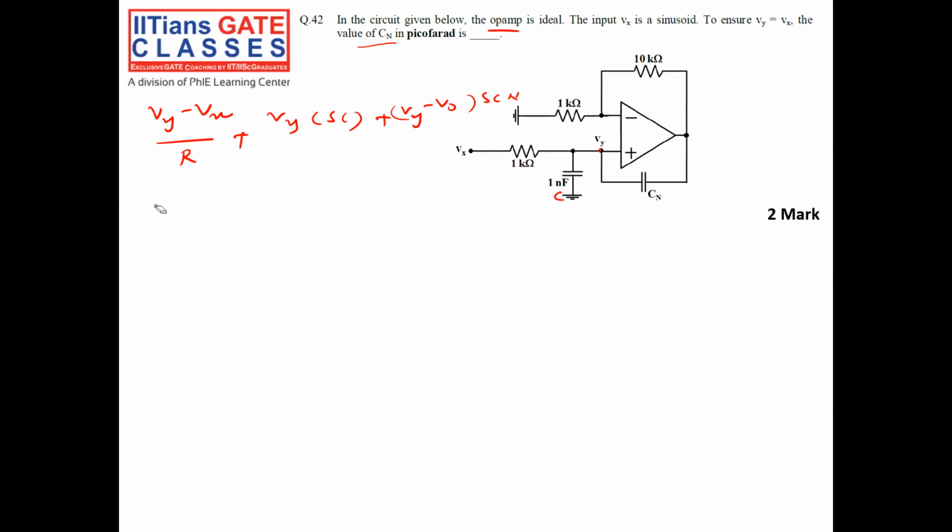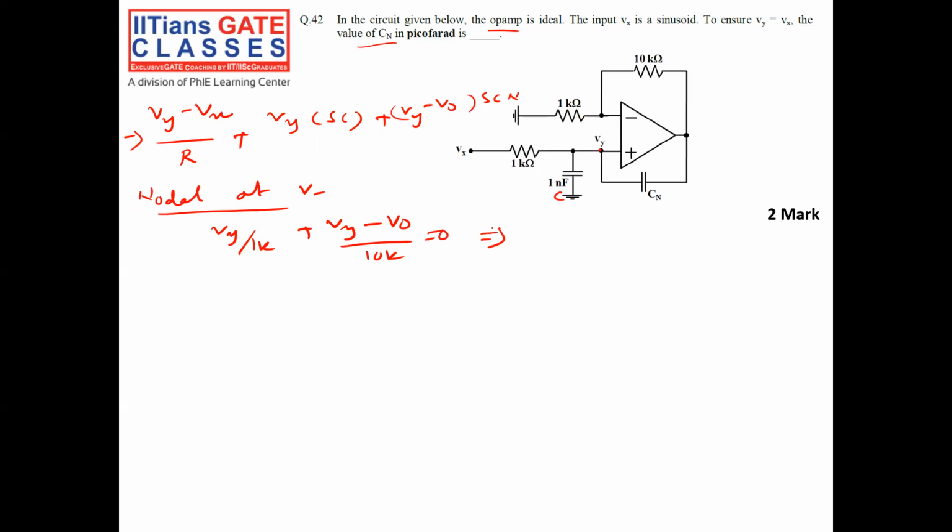Also, if you put a nodal equation at V negative, this point is Vy. So Vy by 1k plus (Vy minus V0) by 10k equal to 0.